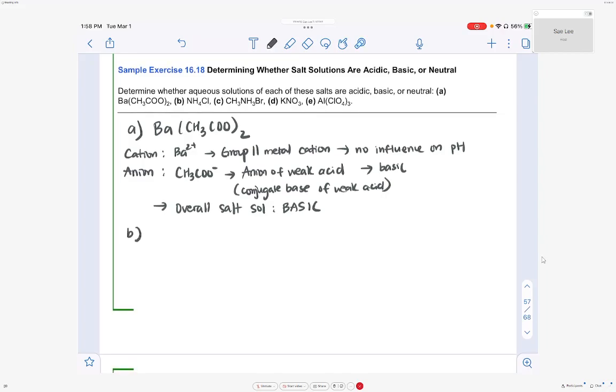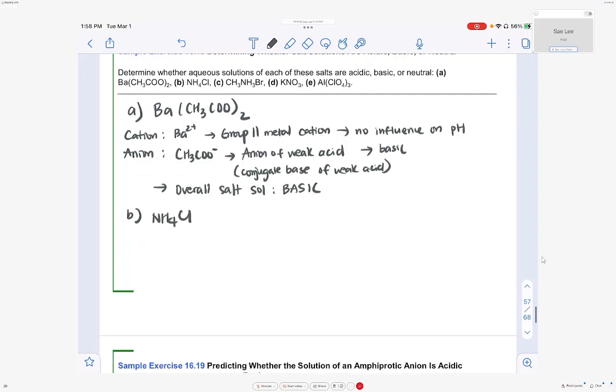Question B, you have ammonium chloride. So what is the cation? You have NH4 plus cation. This is a cation of a weak base, or in other words, this is a conjugate acid of weak base.